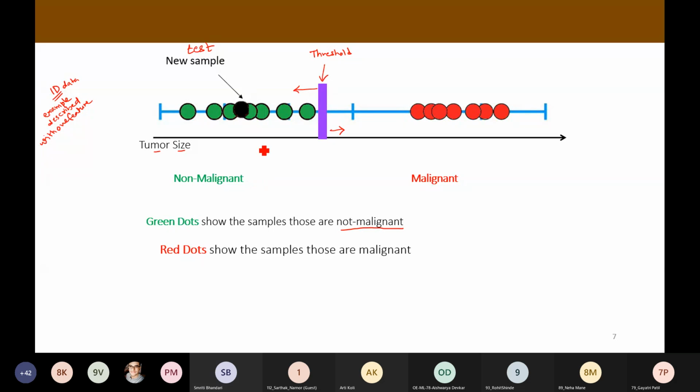And if the tumor size of the sample is greater than the threshold, then we are going to declare that sample as malignant. So simple it is. And this is how we are making use of this threshold. Are you getting me?